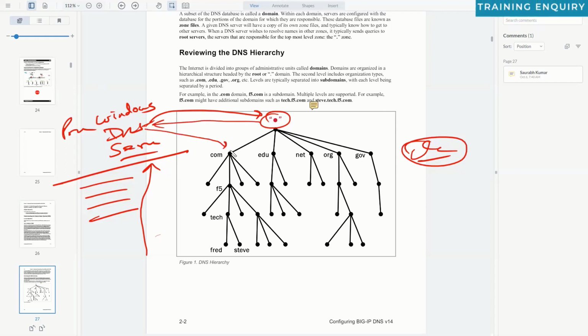Then it will go to .com, and .com would see, okay, this is for google.com. Then who is the authoritative server for google.com? So it will provide you the IP address of the google.com domain server. And finally, you will go to google.com or f5.com, and that's how you would get the IP address. The point is that you are always going to follow this hierarchy.